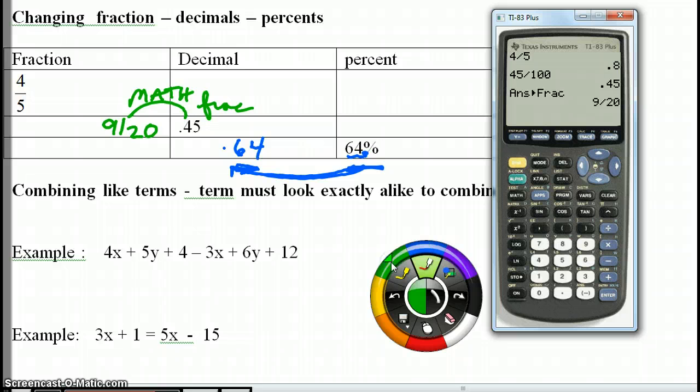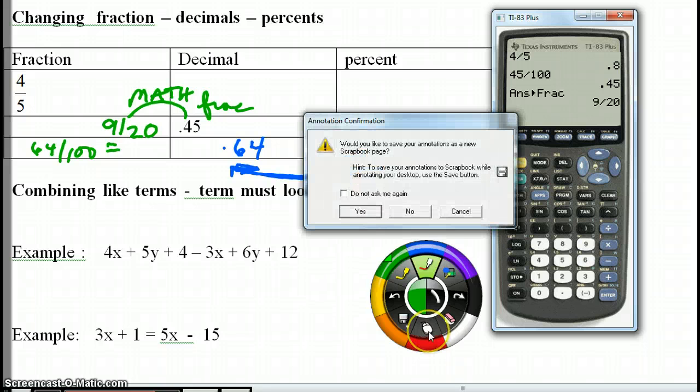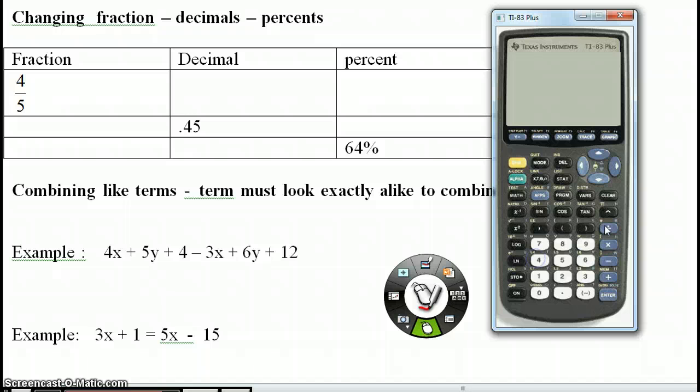And again, that fraction is 64 always hundredths when I have 2 places, but you might recognize that it needs to be reduced. If not, punch it in your calculator and the calculator will reduce it for you. So 64 hundredths will be reduced to what? 16/25.